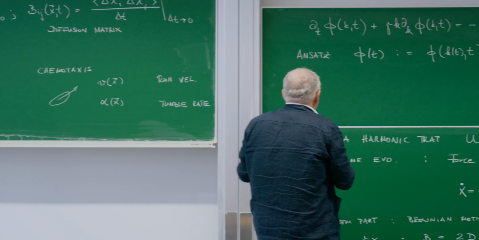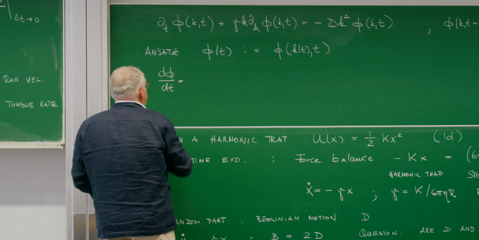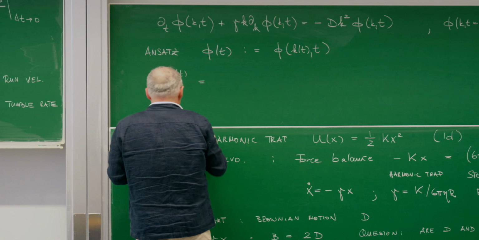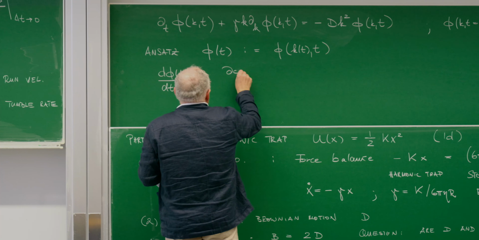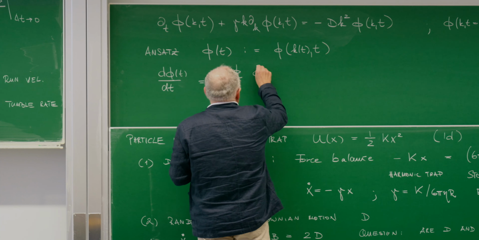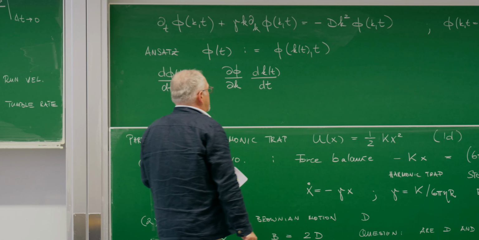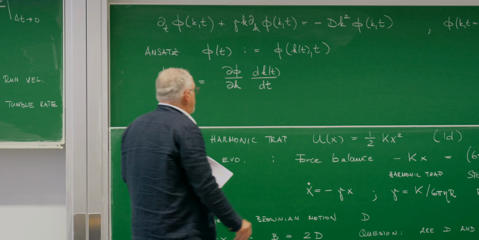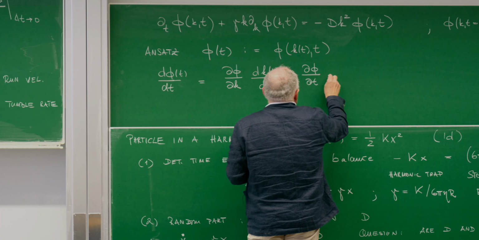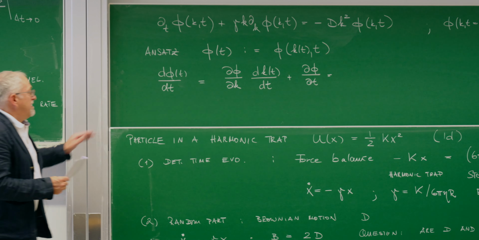So let's see what this implies. We have this ansatz, and when I now write the total derivative of φ of t, I can rewrite this by the chain rule as the partial derivative of φ with respect to k, times the time derivative of this function k of t, and then the partial derivative of my function with respect to time. Okay. Now I can make a choice.